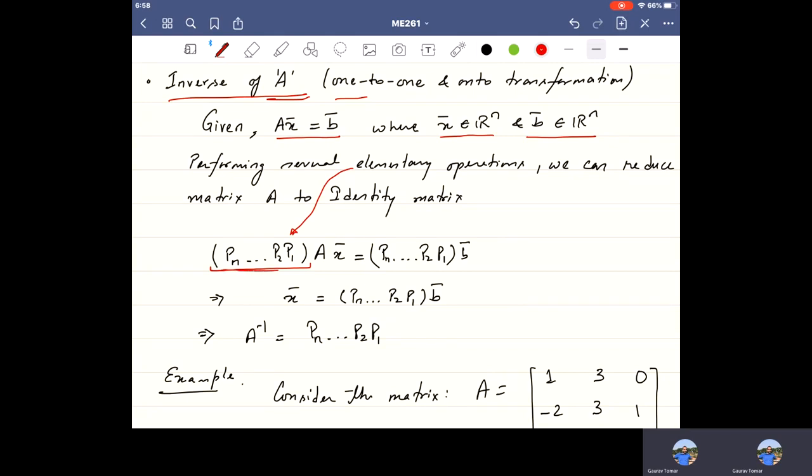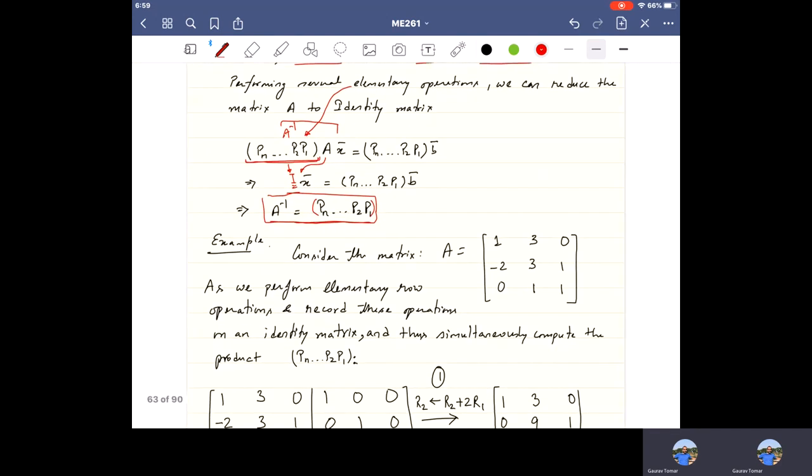If we can perform these row operations on A such that eventually you reduce it to an identity matrix, then you can write A inverse as the product of these transformations. That's what it would mean: A inverse times A will become the identity matrix. So you can write A inverse as the product of these elementary row operation matrices.